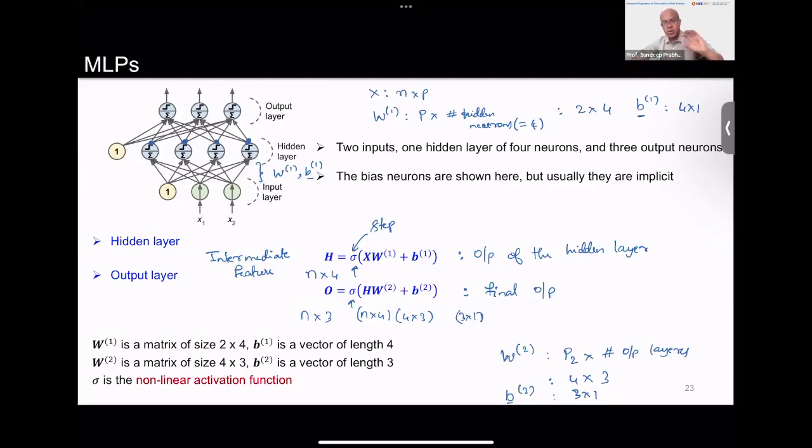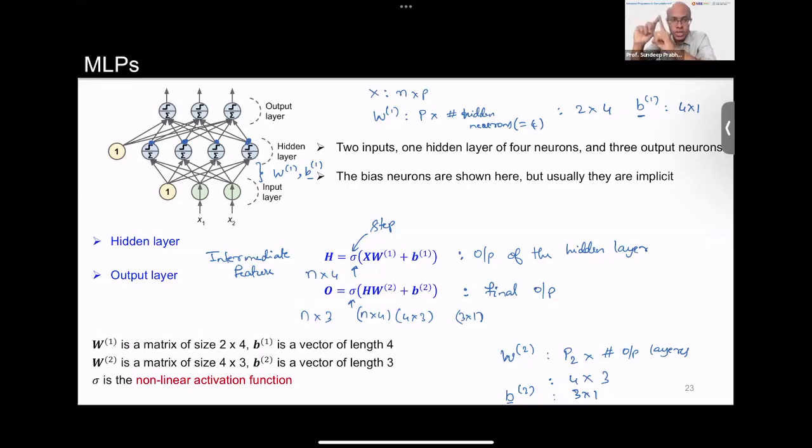But for now, what do we know? We know our input data has P features. Now I need to combine these P features linearly. So clearly W1 will have P times something. Now, how many hidden neurons do we need? Or how many hidden layers do we need? That's a hyperparameter. That is flexible. Now, for this illustration, we have chosen that we require 4 hidden neurons and 1 hidden layer. You can have multiple hidden layers as well.